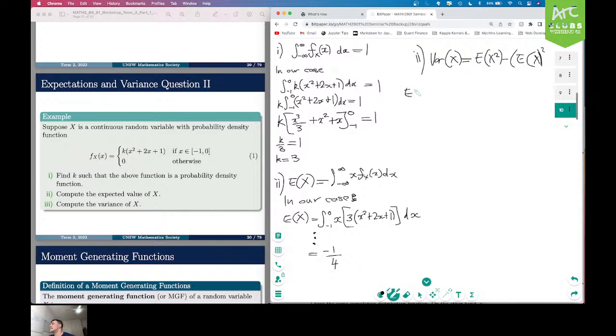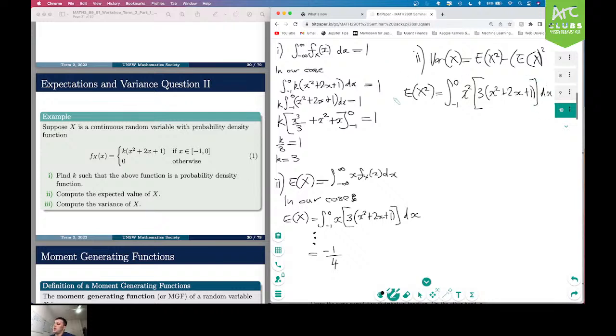So the expectation of x squared is equal to the integral over our entire support, and instead of x f of x dx, we're going to do x squared f of x dx, like that. Now in our case, the thing here is just x squared times our density, so 3 times x squared plus 2x plus 1 dx.